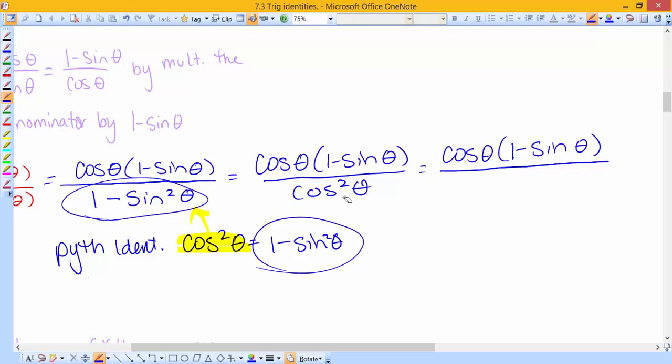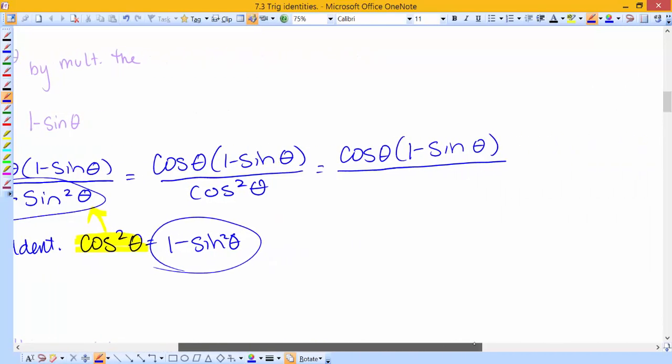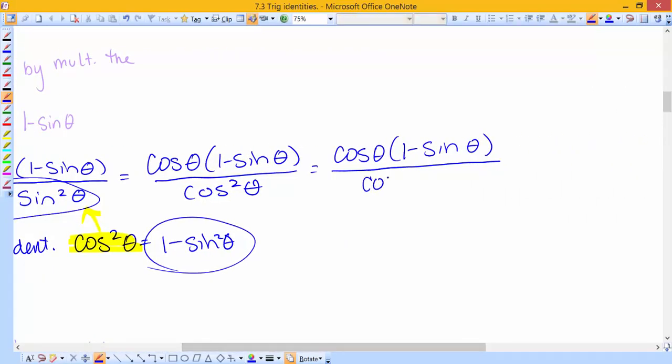Don't get frustrated. Cosine squared. How do I get a cosine squared? Well, if I look back here, I got a sine squared because I did sine times sine. So cosine squared is because it's cosine times cosine.